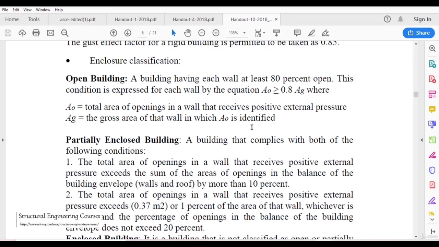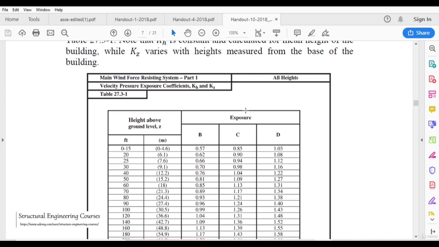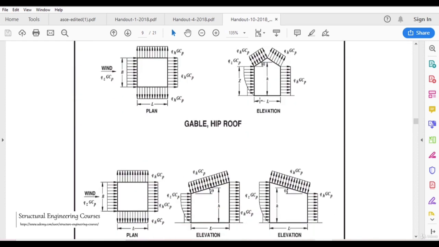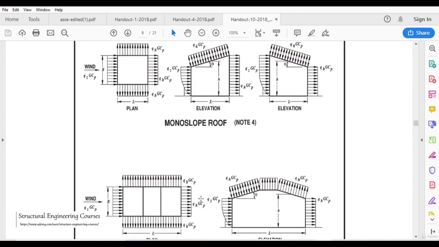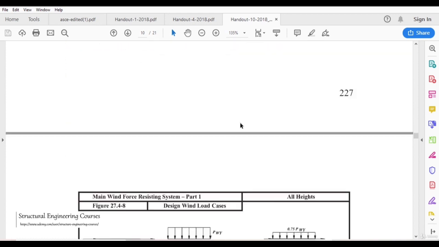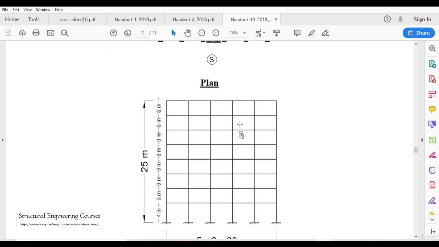What exactly are the different types of enclosure in our buildings, what are the various internal pressure coefficients, how Kzt and how Kh and Kz vary as per the height, how you can determine for gable, monoslope and mansard roofing arrangements. He has already given only wall pressure coefficients for these simple buildings, but there are many other tables also that have been given in the American design standards.